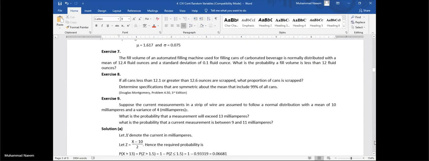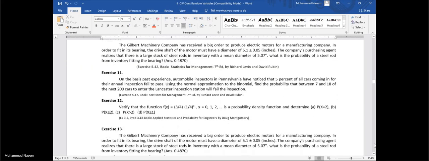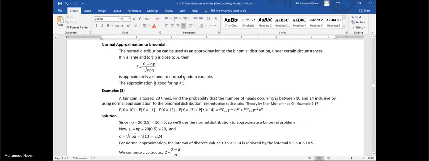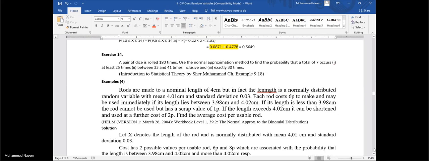Okay. Next, we have normal approximation to binomial. Sometimes we have a situation in which the problem is actually related to binomial, but it is a little difficult to calculate the probability.